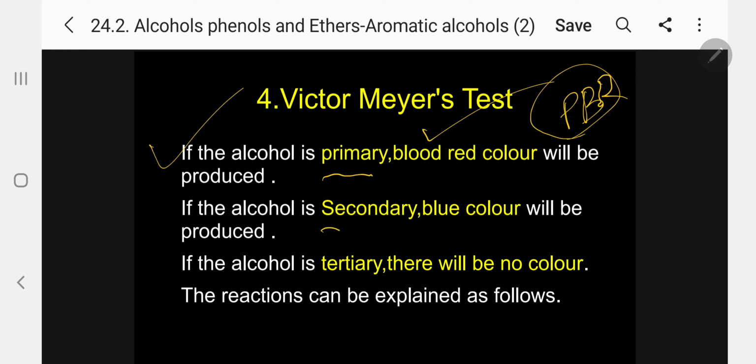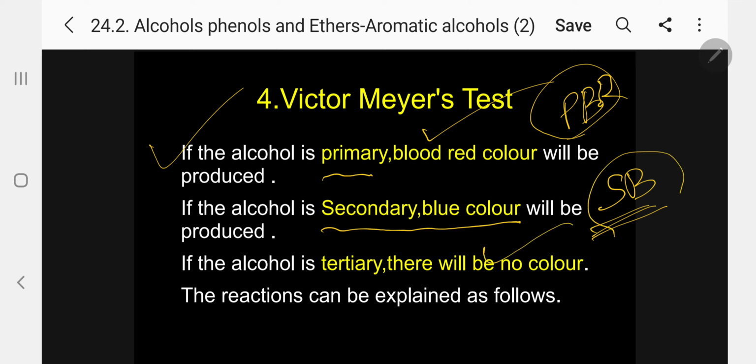If it is secondary alcohol, blue. I can say SB, State Bank, you remember like this. Secondary, blue. Tertiary alcohol, there will be no color. So you remember only this, and easily you can remember all three. Kindly follow. Primary alcohol, red color. Secondary alcohol, blue color. Tertiary alcohol, no color.